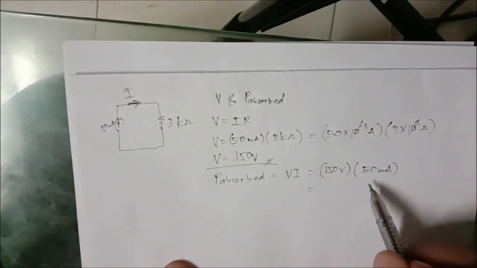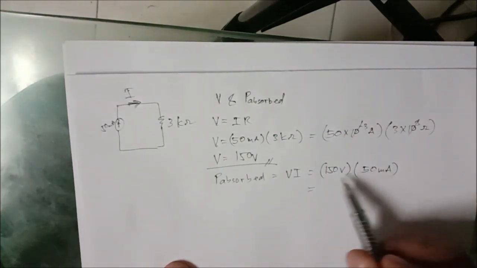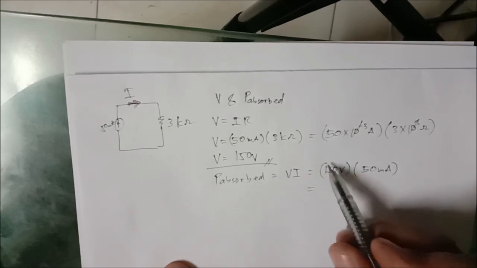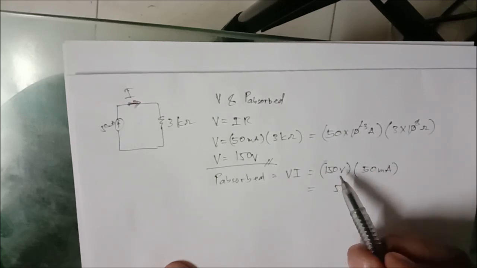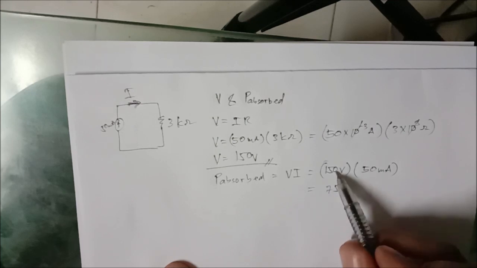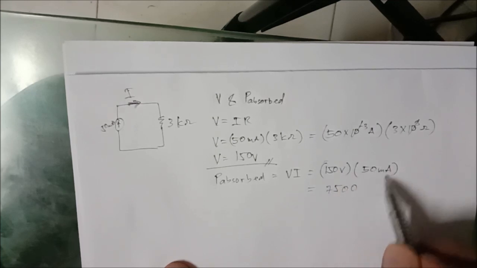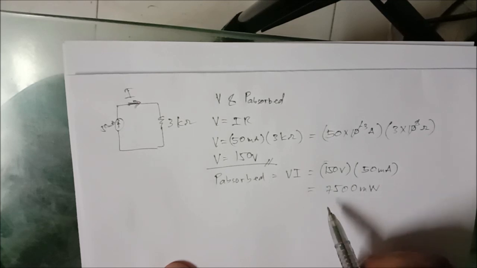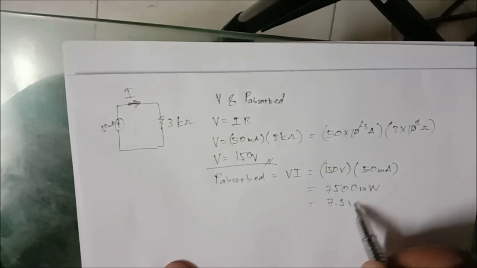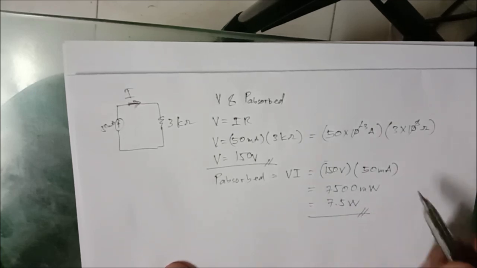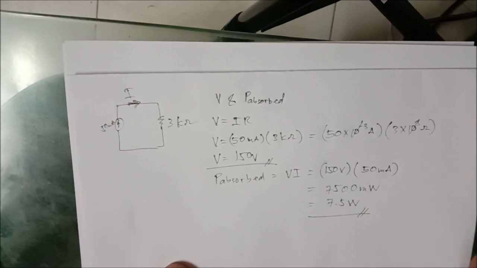So, you have, so 5 times 5, 25 carry 2. 5 times 1, 5. 7,500 milliwatts. Okay? So, 7,500 milliwatts or simply 7.5 watts. So, yun na po ang sagot natin. Okay? So, number 2.5.